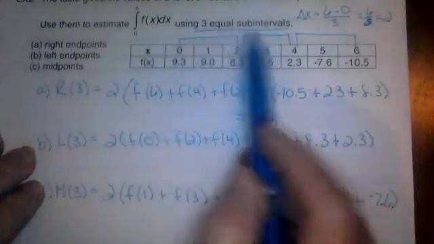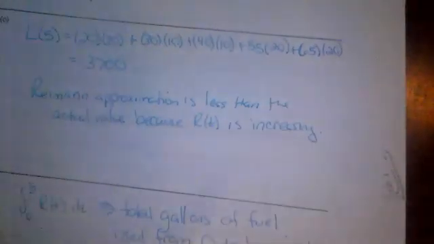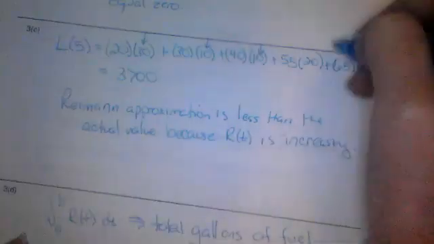And this one was in equal subdivisions, but this application problem that we just did was not all equal. And if they're not equal, then whenever we write them out, we have to put that width with every one of our heights. So 30, 10, 10, 20, 30, I should have written these 10, 10, 20, 20.